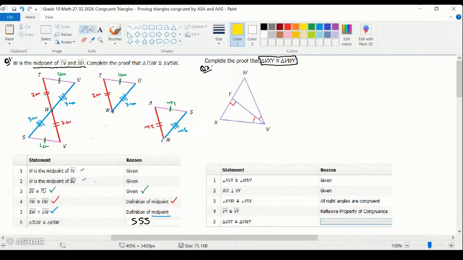Which two triangles? This triangle BWY is congruent to this given triangle.